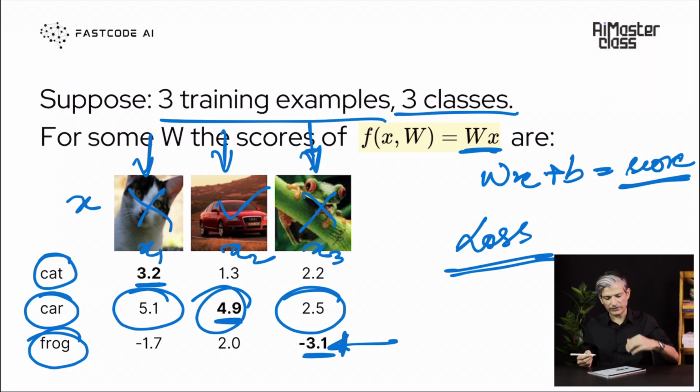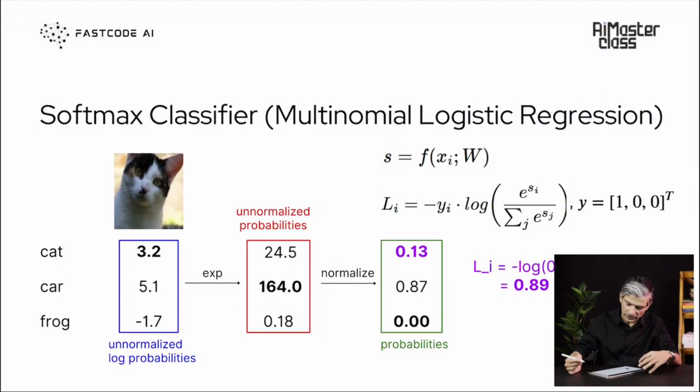So, we defined just now the score. This wx plus b happens to be our score. And then we define a so-called loss function, and let us say for a classifier we use a so-called cross-entropy loss function. The name sounds fancy, but it is actually very simple and we will talk about it. Remember, cross-entropy is a loss function that you use for a multi-class classification problem.